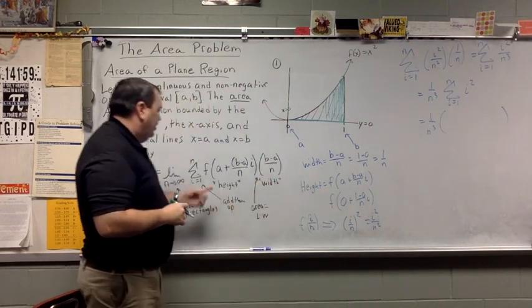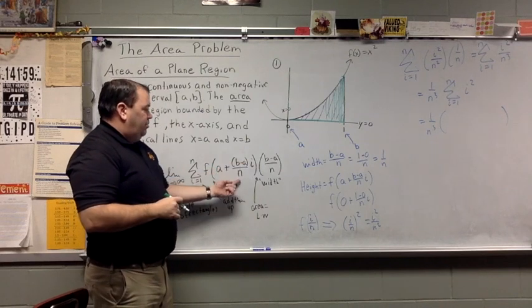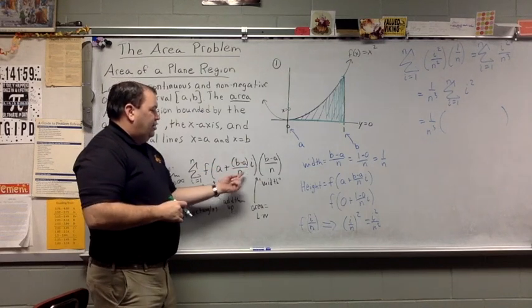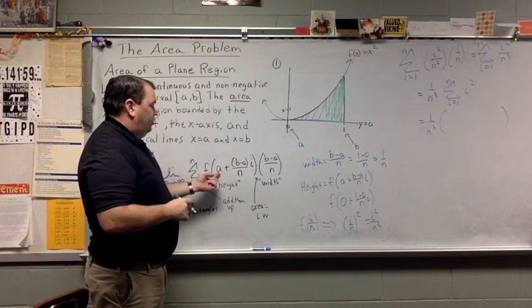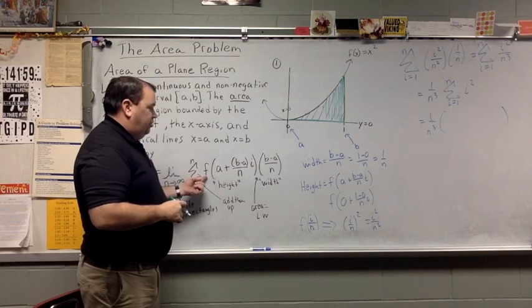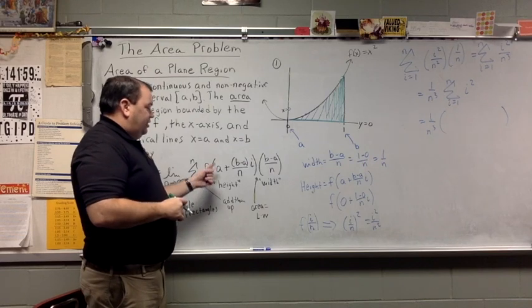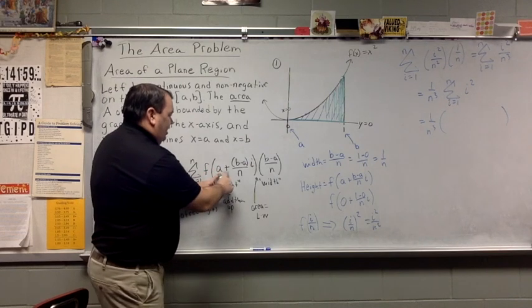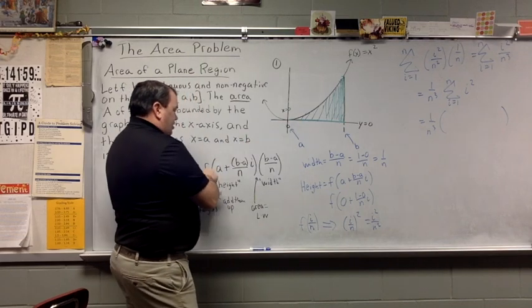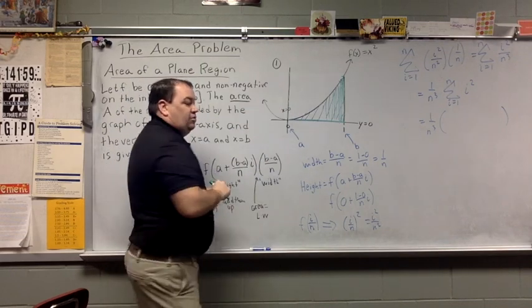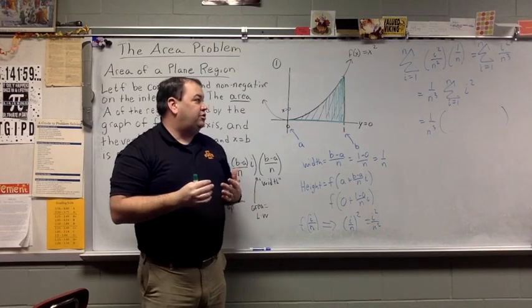My height, it says I do the same thing that I did for the width, but I multiply it by i, and I add a to it, and that's what gets plugged into the function. So I'm basically starting at a, and I'm adding a certain interval, a certain distance, but I want the height. So I want it plugged into the function.